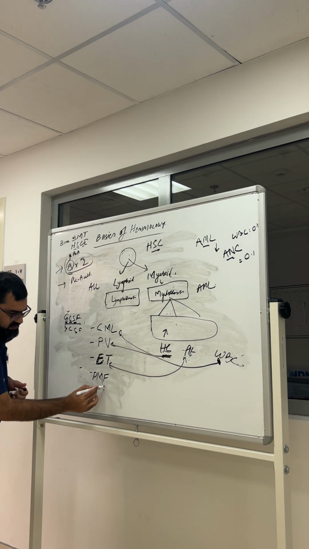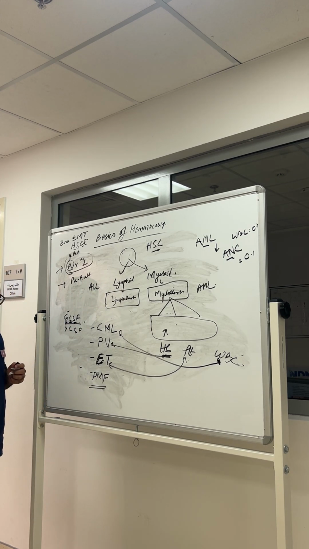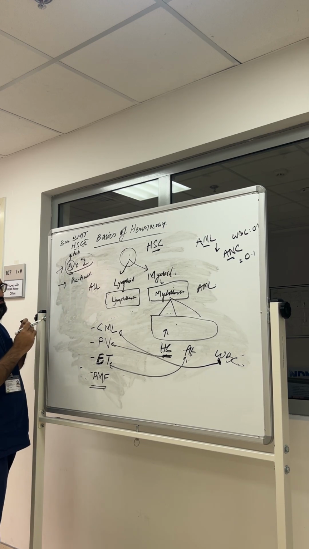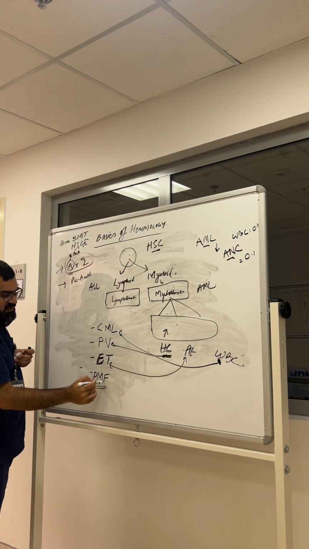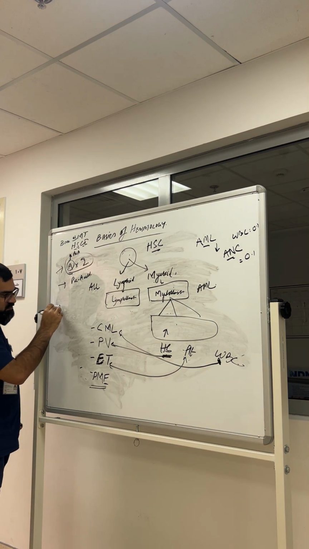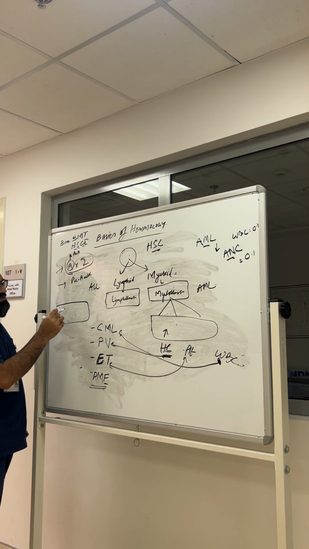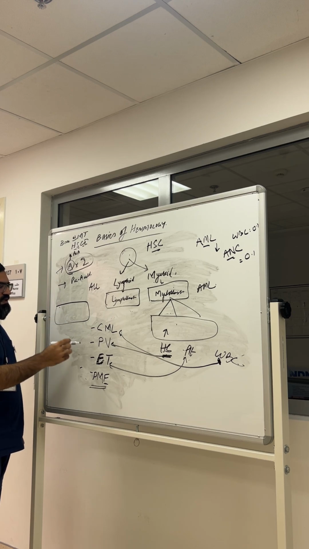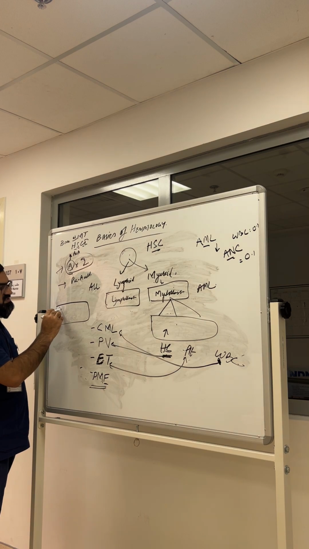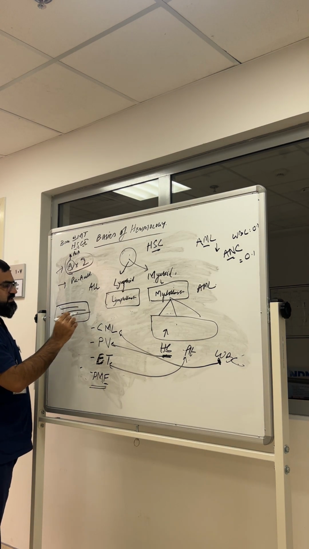And what is primary myelofibrosis? Myelo obviously means from the myeloid lineage, and fibrosis means fibrosis. Your bone marrow, which has normal cells, because of some disorders, will start to fibrose.